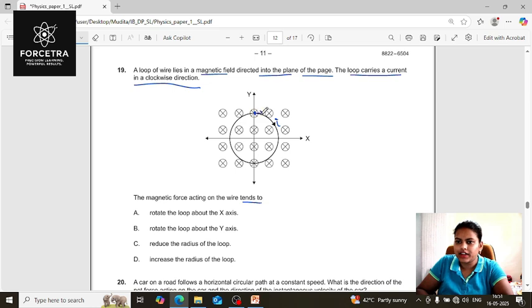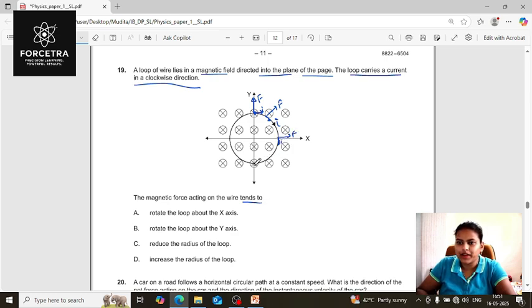When the current direction is towards the right and the magnetic field is inside the paper, the force direction is towards the y direction. So this is the force direction. At this point this is I, a small element we can take, and this is the force direction.